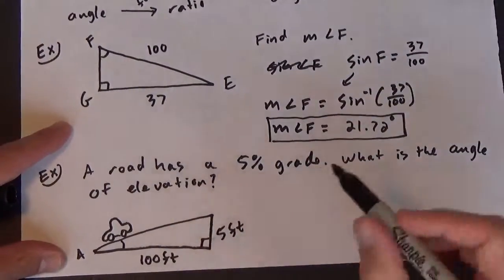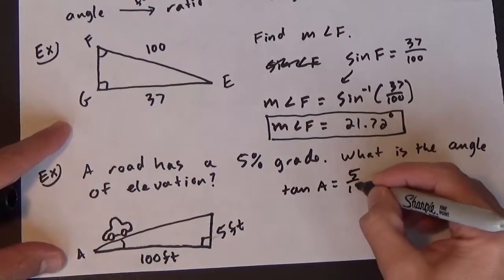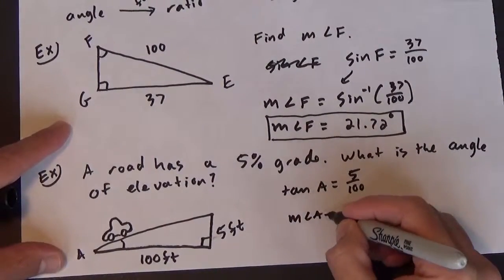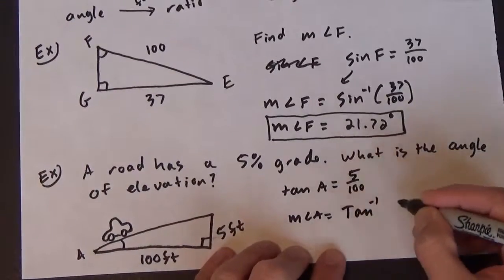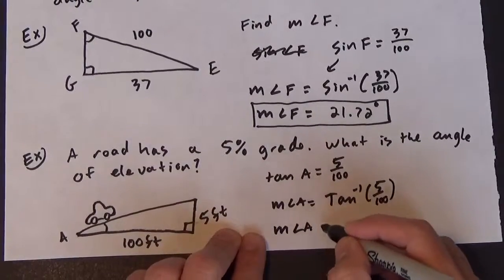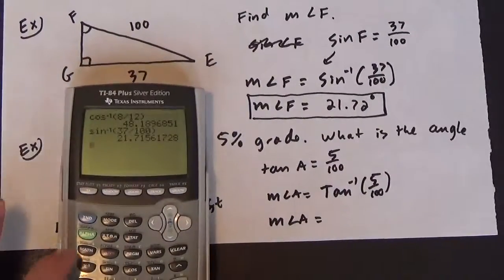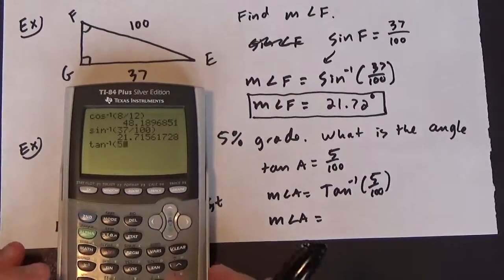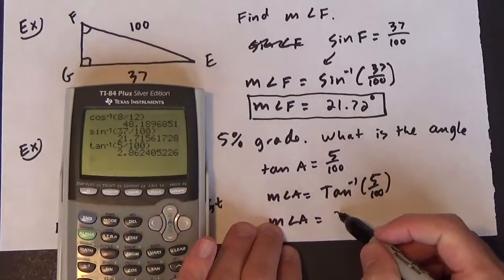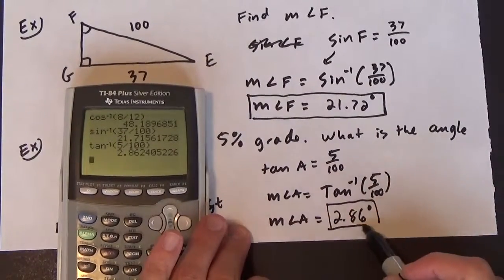That's opposite, adjacent, so the tangent of A is 5/100. We can automatically go to the inverse. So the measure of angle A is the inverse tangent of 5/100. The inverse tangent of 5 divided by 100 is 2.86 degrees. And there is our answer.